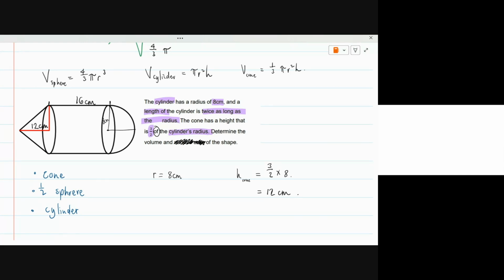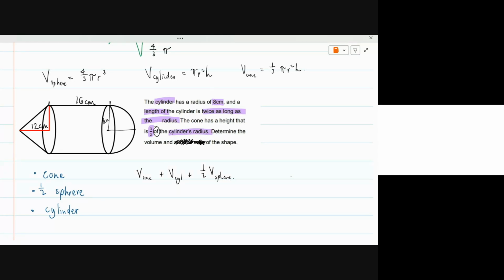Shall we calculate? We're going to put all these volumes together. I've put all the dimensions on the actual drawing, so we don't have to worry about it. So the volume is the volume of the cone plus the volume of the cylinder plus half the volume of my sphere.